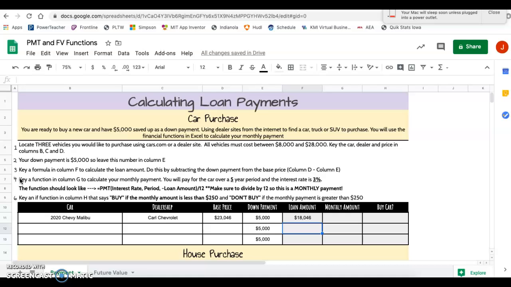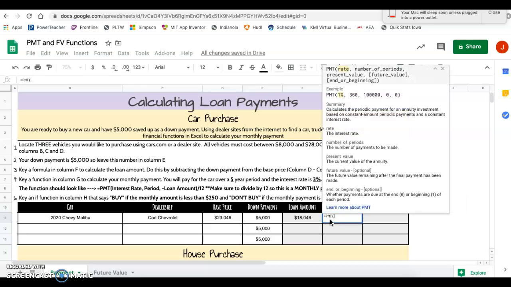In instruction number 4 here, it says to key a function in column G to calculate your monthly payment. You will pay for the car over a 5-year period and the interest rate is 3%. So the function, just like we had average, min, max, count, the function we're going to be using here is the PMT function. So equals PMT, parentheses, and it's going to tell you here our rate.